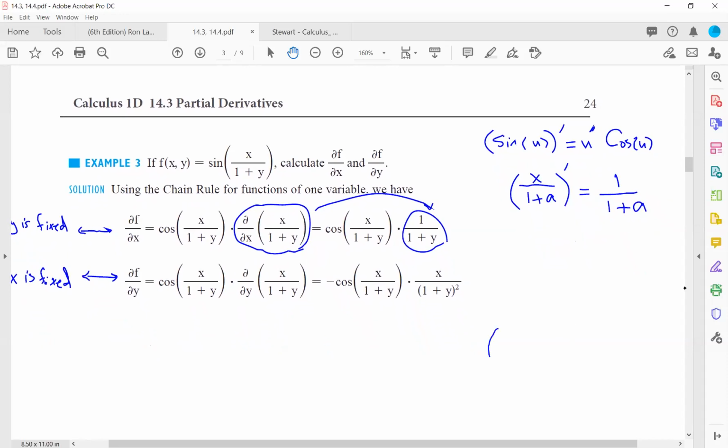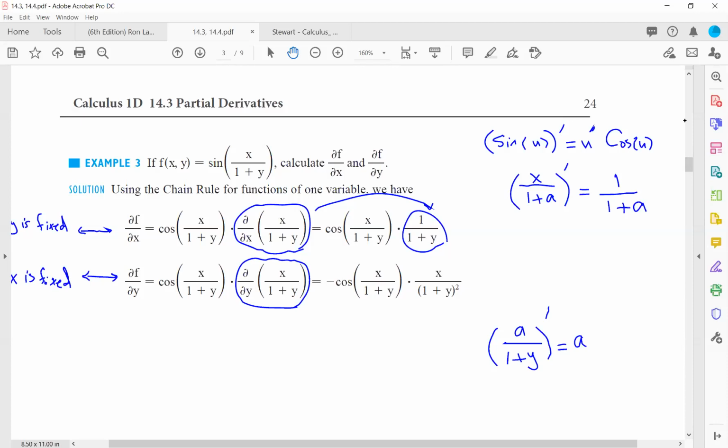Here you have a divided by 1 plus y, and you are taking the derivative with respect to y. X is fixed. X is a constant. So we are taking the derivative with respect to y. You can write down a outside the derivative.